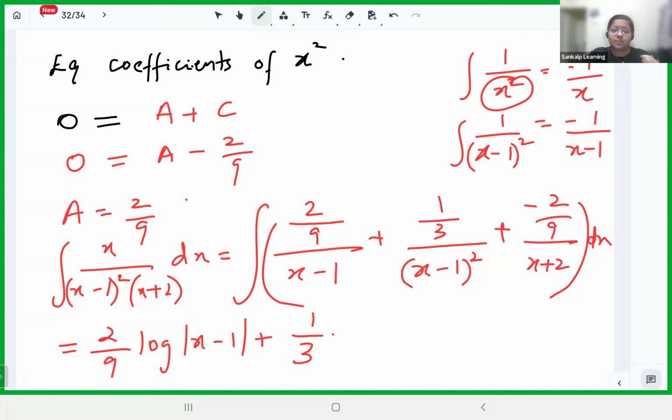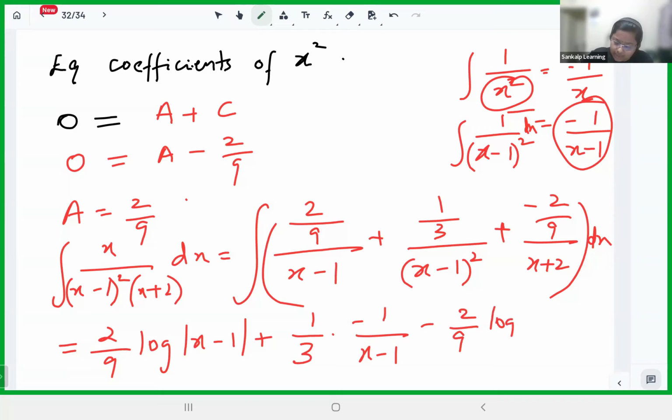If you compare it, you'll get it as minus 1 by (x minus 1), right? So this is minus 1 by (x minus 1), then minus 2 by 9 into log mod x plus 2 plus c.